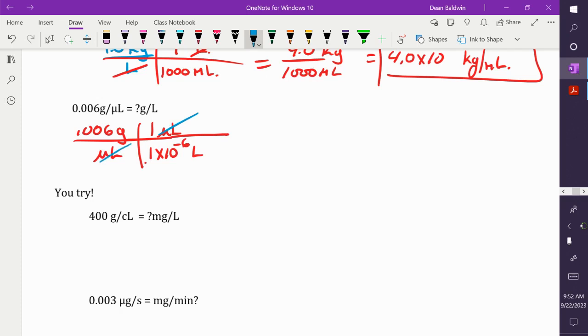So I know microliters cancel. Grams per liter, which is what I want. So if I just divide 0.006 by 1 times 10 to the minus 6, I should get, it's not a decimal, 6 times 10 to the 3 grams per liter.